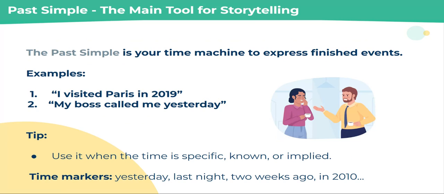A tip for using the past simple is that you use it when the time is specific, known, or implied. For example, your keywords would be words like yesterday, last night, 2 weeks ago, in 2010, when I was younger. Those are things that imply and show the time precisely.